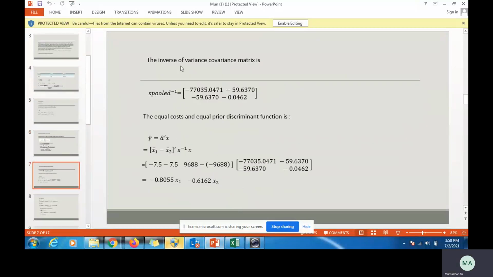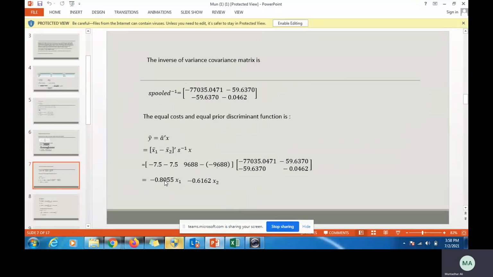Then we calculate the inverse. The inverse of the variance covariance matrix is the pooled inverse. We get these results. Then the equal cost and equal prior discriminant function is y hat equal to a hat dash x. Then we substitute a hat dash with x bar 1 minus x bar 2 dash times the pooled inverse x.